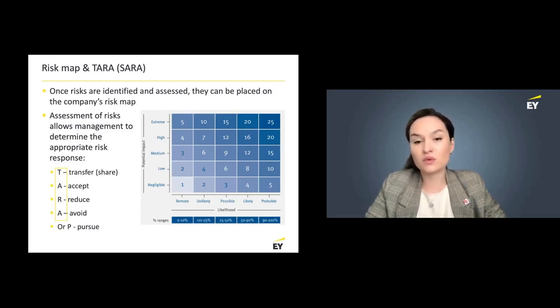So normally these would be the risks with a low likelihood of occurrence and low potential impact. R, reduce the risk. A, avoid the risk. Normally the risks that are avoided by companies appear in the red area of the map, meaning that they have high likelihood of occurrence or high potential impact or both.